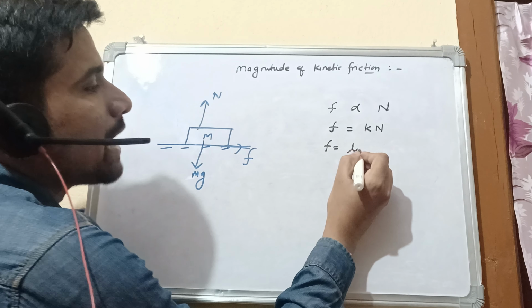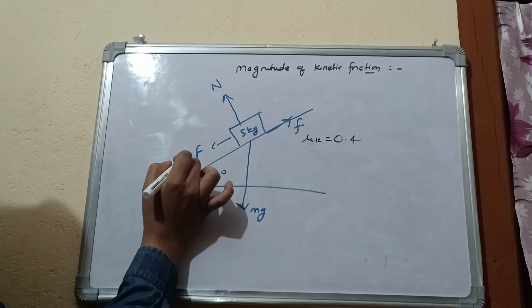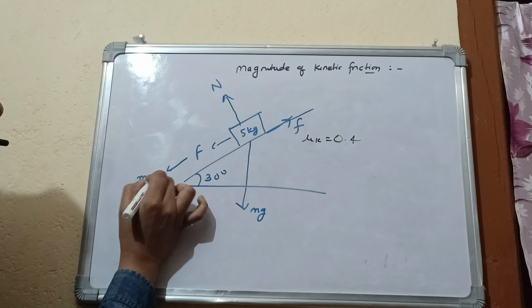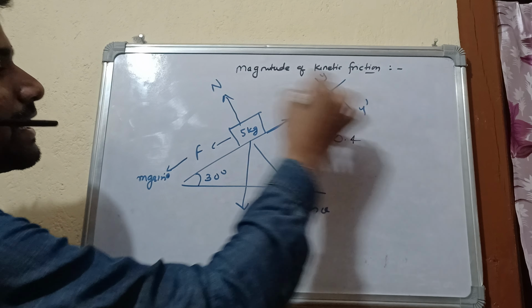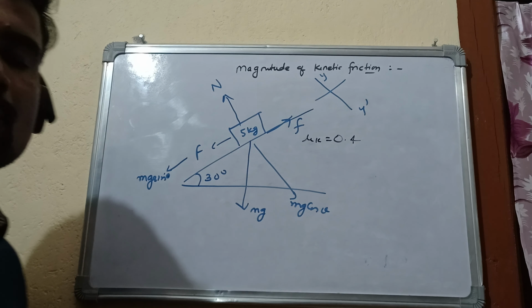Now if you draw the free body diagram here, the normal reaction will be in this direction because the surface is an inclined surface. mg will be in this direction. This will get an mg sin theta component, and this will get an mg cos theta component. Now along the axes, let's say these are my axes, along y dash, if I equate the forces, there is no movement in y dash.